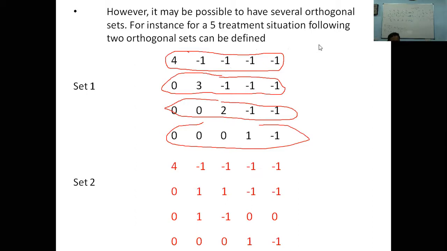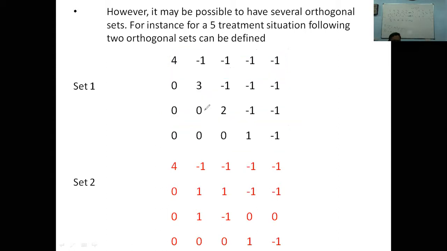Look at another set of contrasts. This is not the same as this. So this is set 1, right? This is set 1. This is set 2. Maybe the first contrast is the same in this example. But look at the second. Is this second the same as the second here? No, it is different.